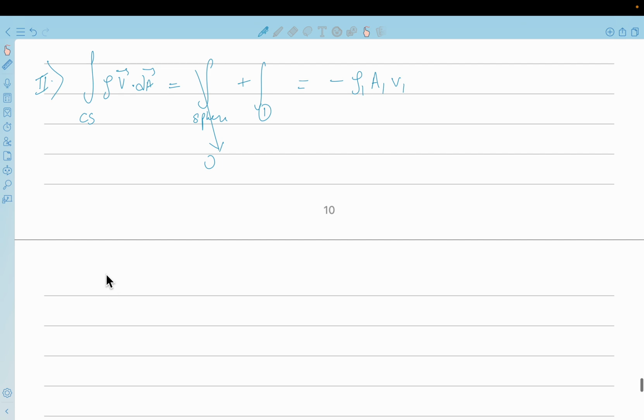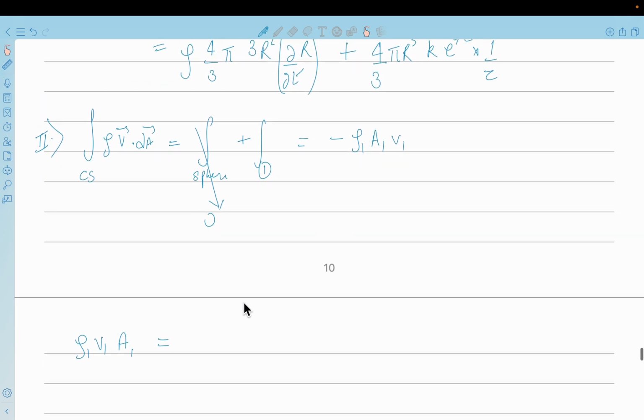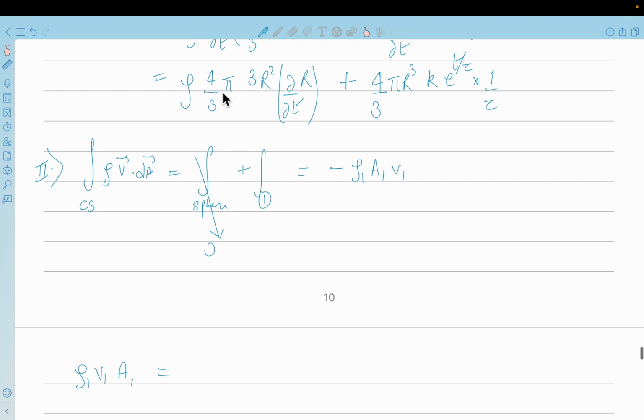And you get rho 1 V1 A1 is equal to this expression. So we have 3 and 3 getting cancelled, we have 4 pi.